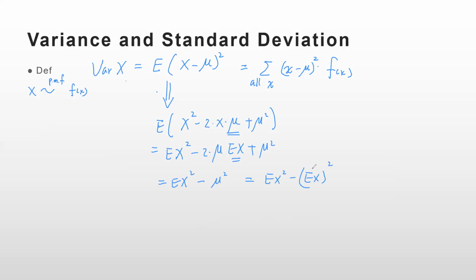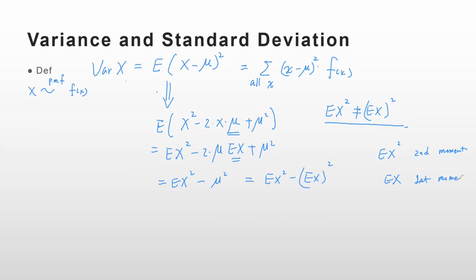Okay, a couple of things. First of all, I want you to pay attention to this fact. In general, they are not equal. This is a very, very important possible misunderstanding. Some people equate these two things. That's very wrong. Second of all, we sometimes call E of x squared the second moment of the distribution, and E of x is the first moment.